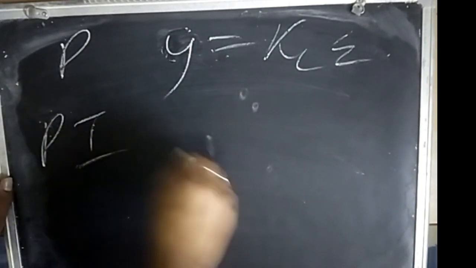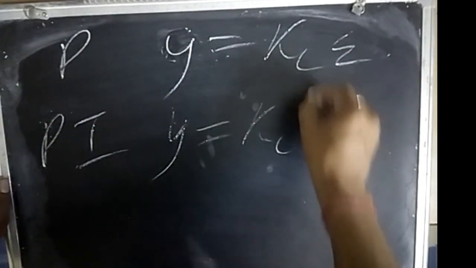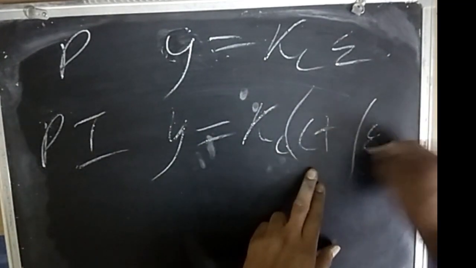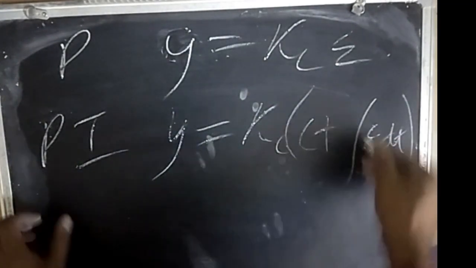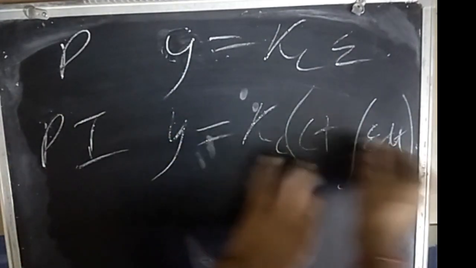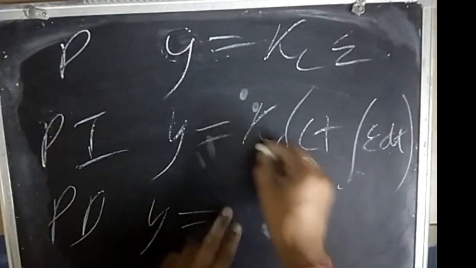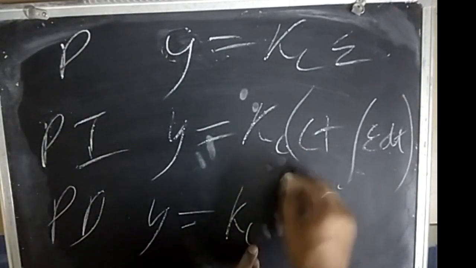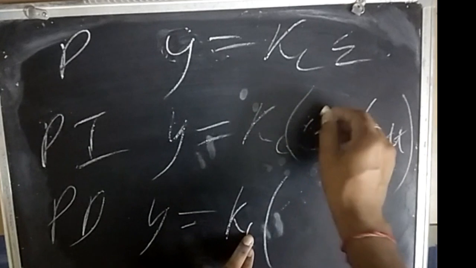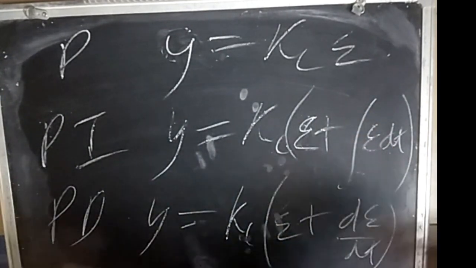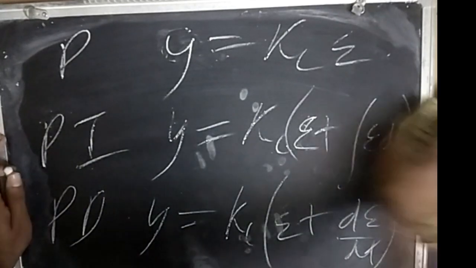And there is PI: Y is Kc times the proportional plus the integration, so the integral of error dt. And PD is the proportional plus the differentiation of error. Simple. But here you need to remember when they are used.